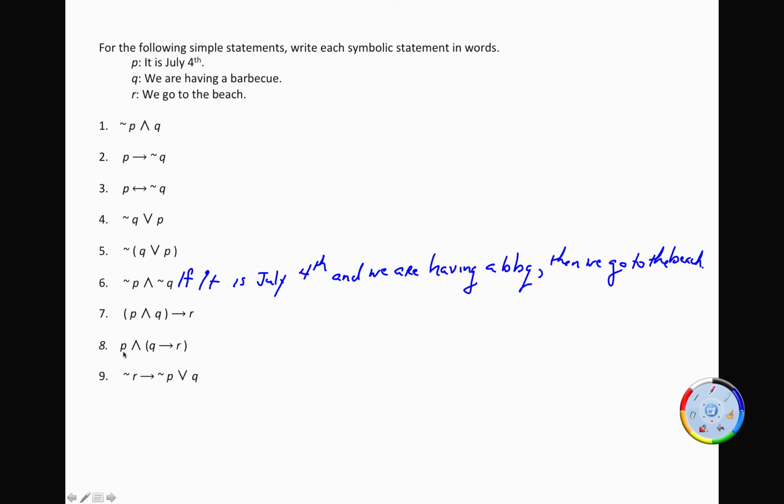Same thing on this one. It is July 4th, and if we're having a barbecue, then we go to the beach.